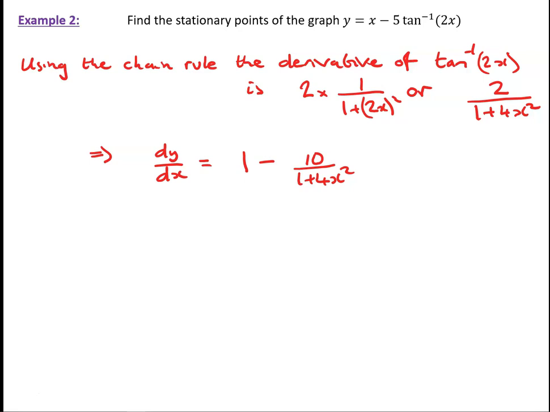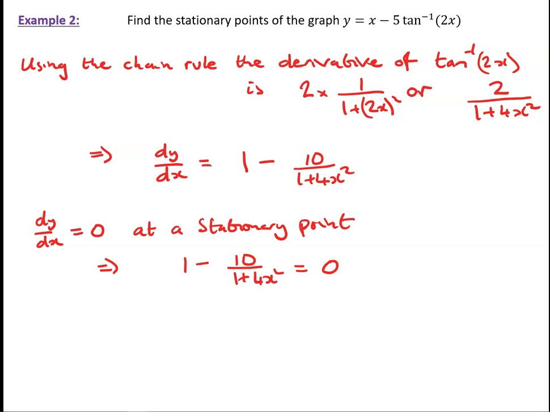For a stationary point, we need dy by dx to equal 0. So we've got 1 minus 10 over 1 plus 4x squared must equal 0. So that gives me 1 plus 4x squared must equal 10. So x squared must be 9 over 4, or x is plus or minus 3 upon 2.